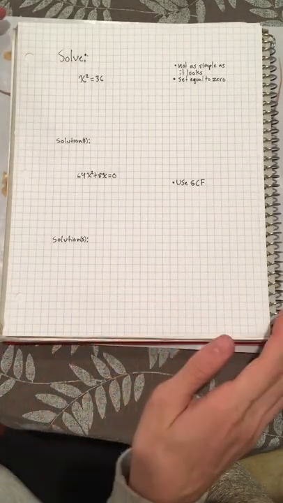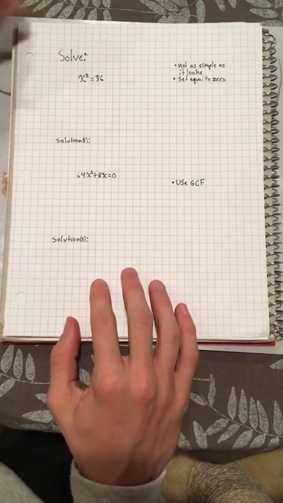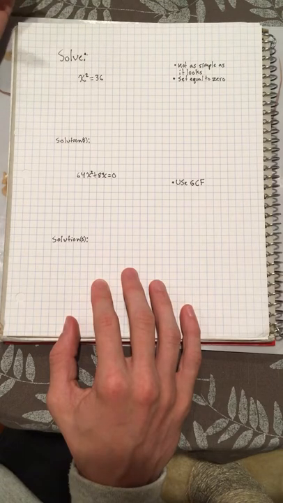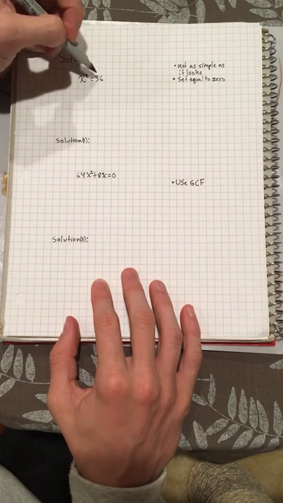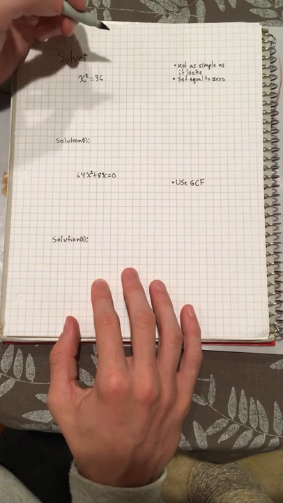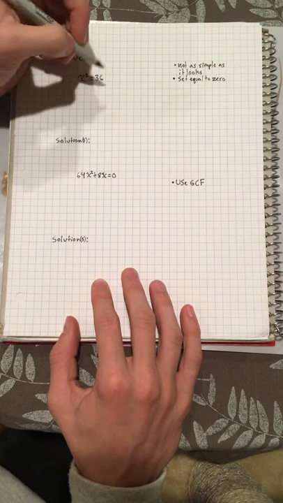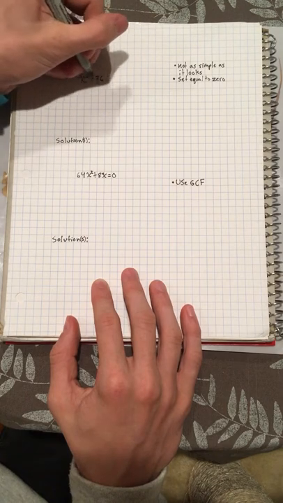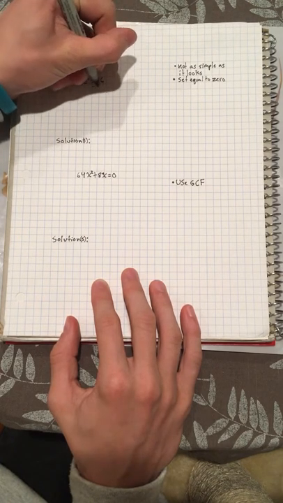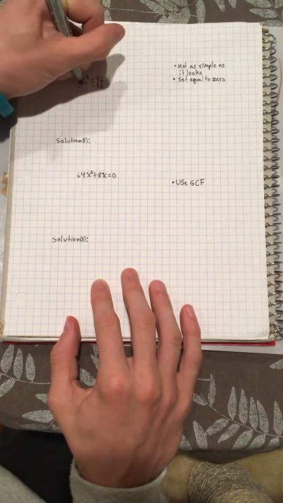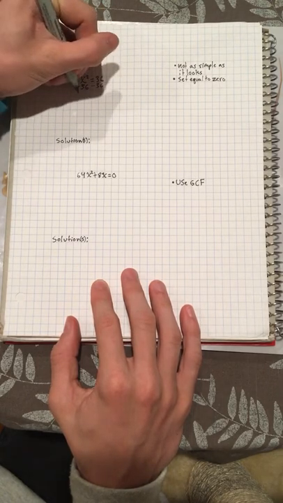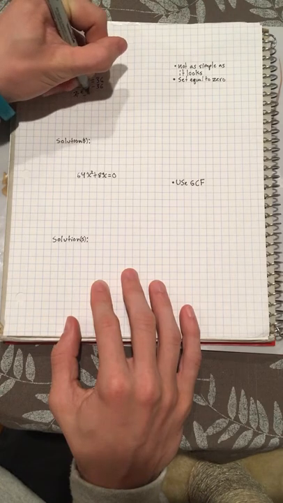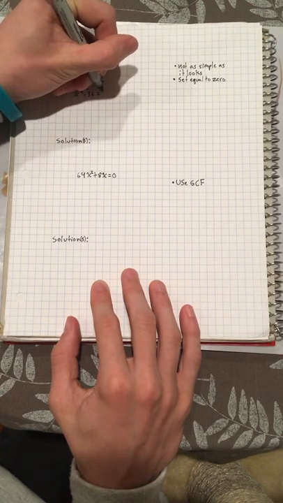Now let's move on to our next problem. So here we have to be careful because it's not as simple as it looks. This problem is not actually set to equal 0. So what we're going to have to do is subtract that 36, and we get x squared minus 36 equals 0.